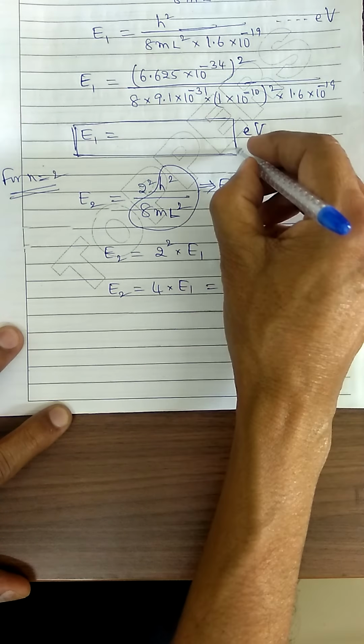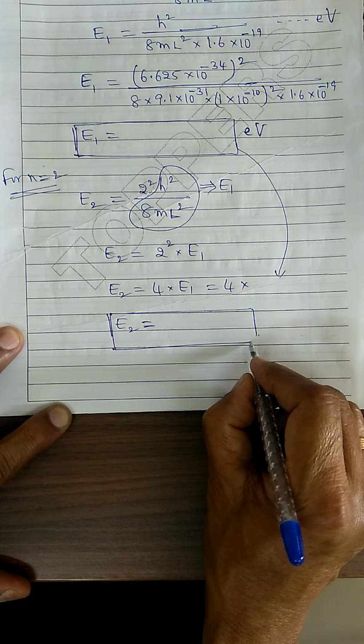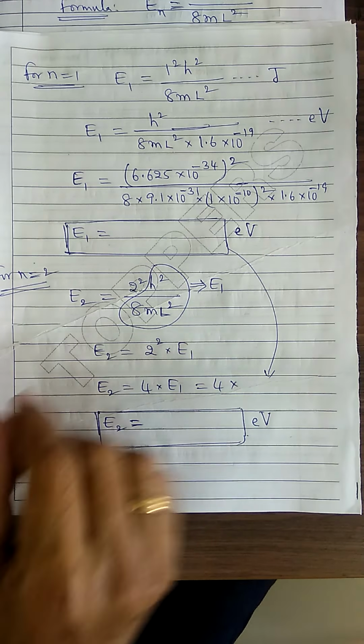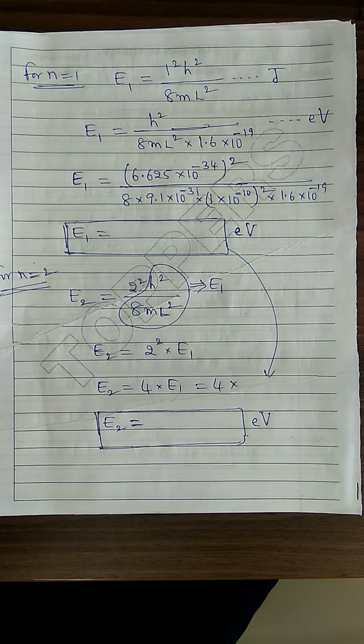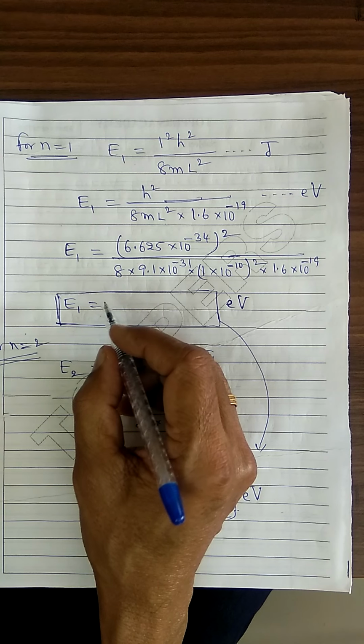Substitute and get the answer for E2, so many eV. Do it fast. E1 value.